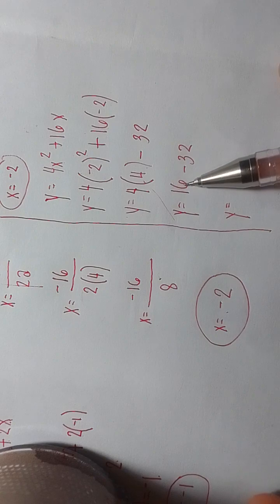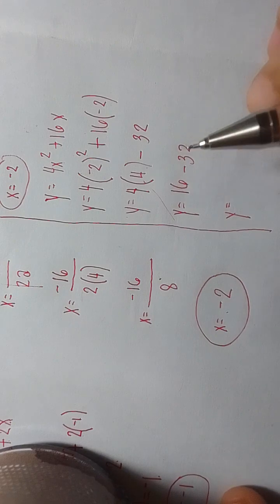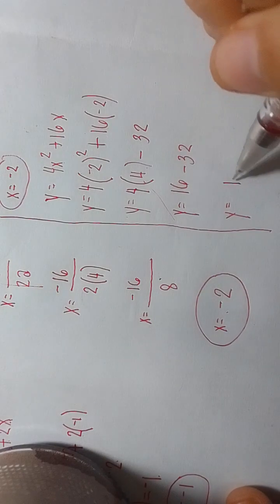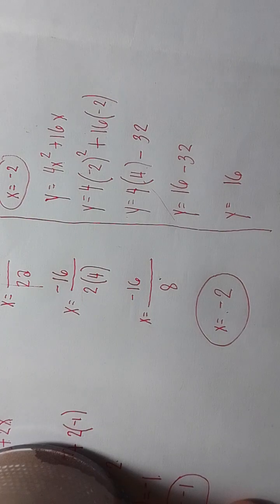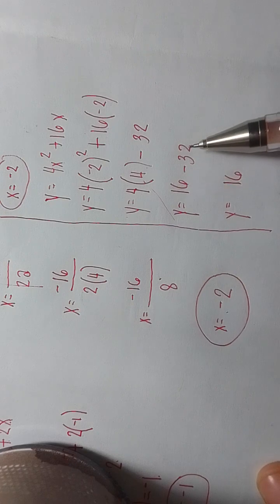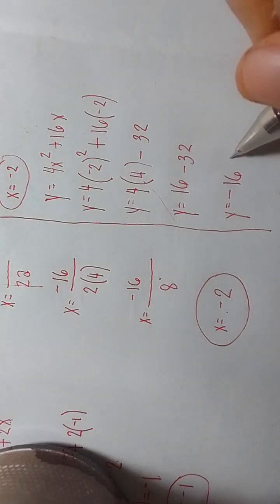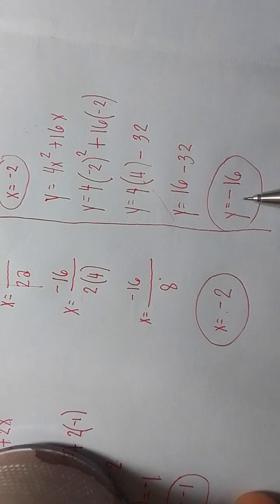So, 16 is subtracted from 32. The resulting value is 16. Now, what is the sign we will use? The sign we will use follows the sign of the larger value between the two. 16 and 32, 32 is larger. Look at its sign, that is negative, so copy the negative sign. So, our y coordinate is negative 16.